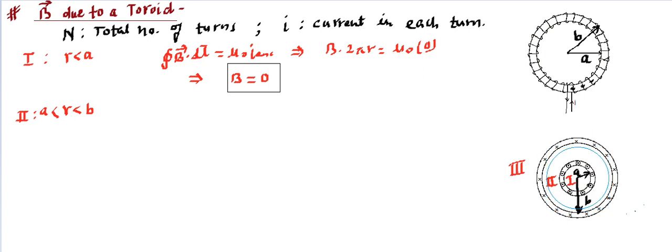The radius of this Amperian loop is smaller than B in the second zone, and then we apply Ampere's law: integral of B dot dl, the same way we calculated for the above cases, is equal to mu naught into I enclosed.